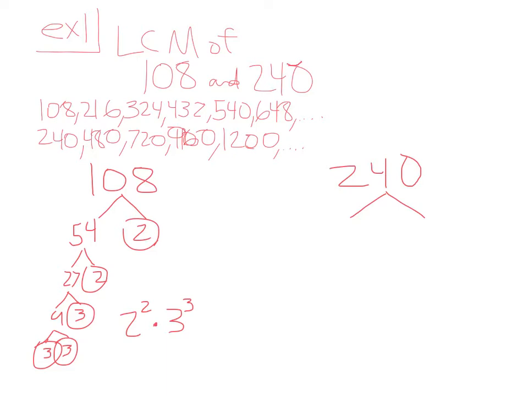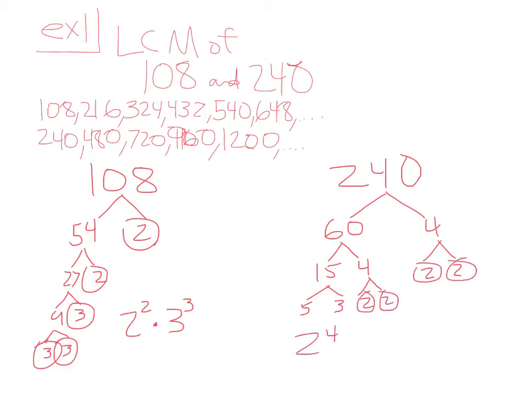And let's do 240, 60 and 4, 2 and 2, this could be 15 and 4, 2 and 2, 5 and 3. Alright, so this one is 2 to the fourth power, 2 times 2 times 2 times 2, times 3 times 5, since there's only one of each of those.